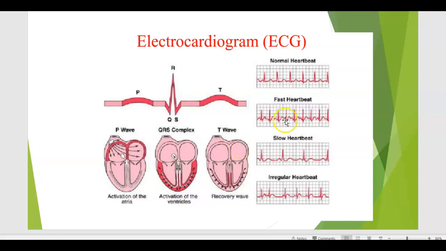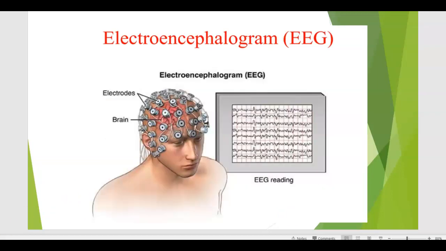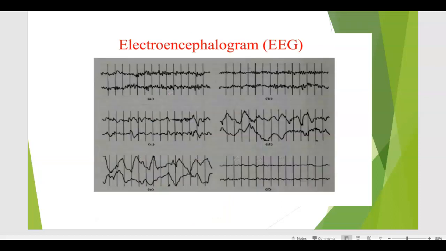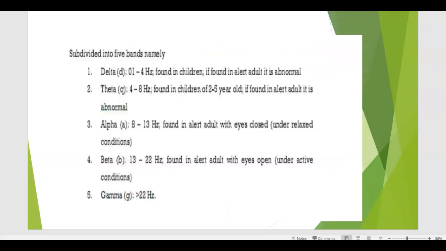These are the different waveforms. And this one is the electroencephalogram. We measure the heart through ECG, and brain measurement is the electroencephalogram. These are the different waveforms.